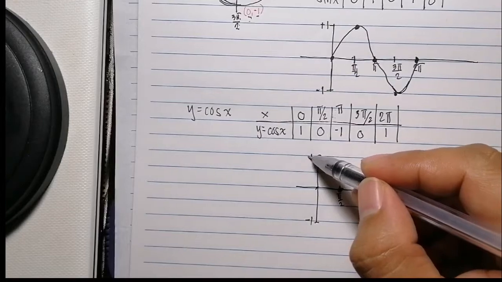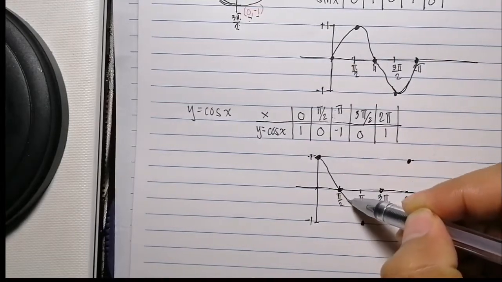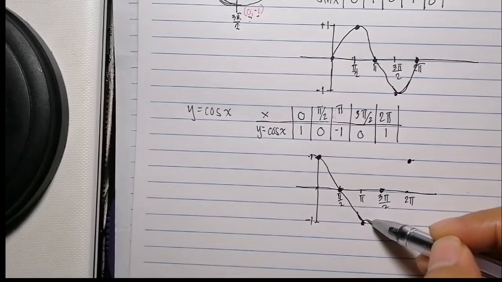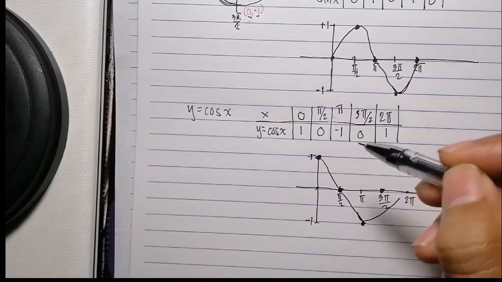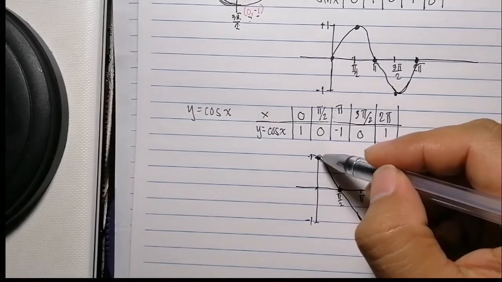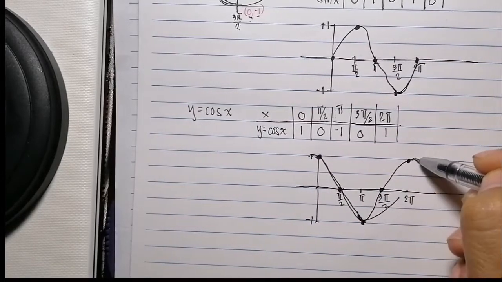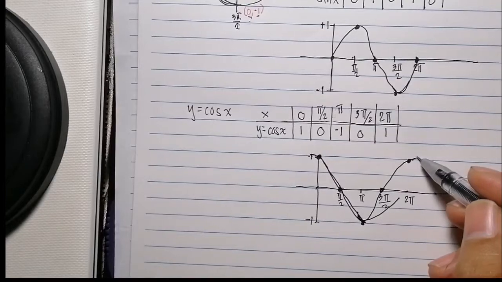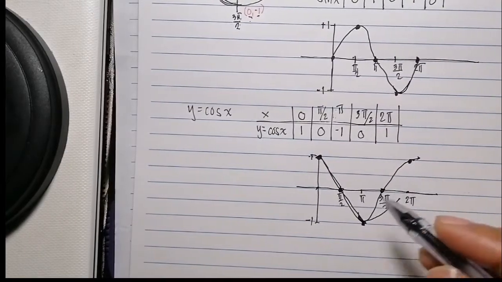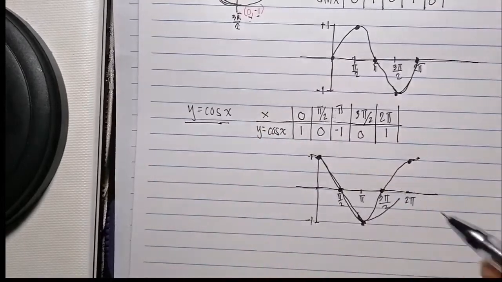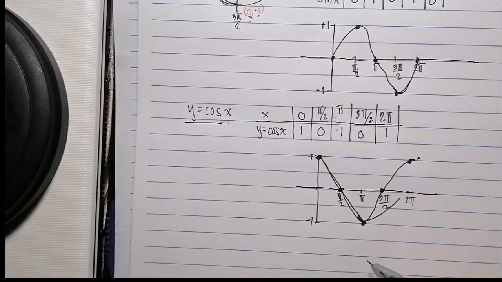So your graph must be like this. Okay, so this is now the graph of your y equals cosine x. So that's all.